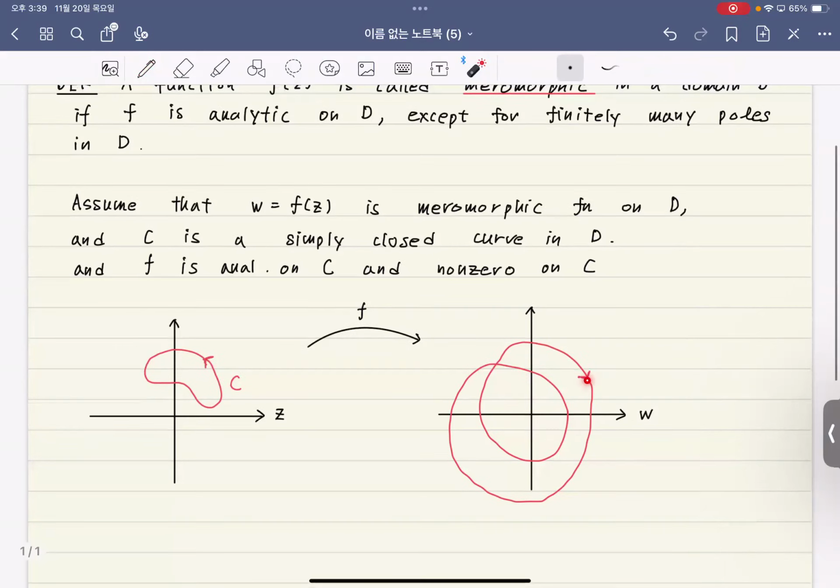And this one is not necessarily positively oriented. It can be positively or negatively oriented, depending on the function f, and it never passes through the origin. The image may not be simply closed, because in this case it obviously has a self-intersection at this point. So this is what you can expect from this picture. I'm going to call this curve gamma.